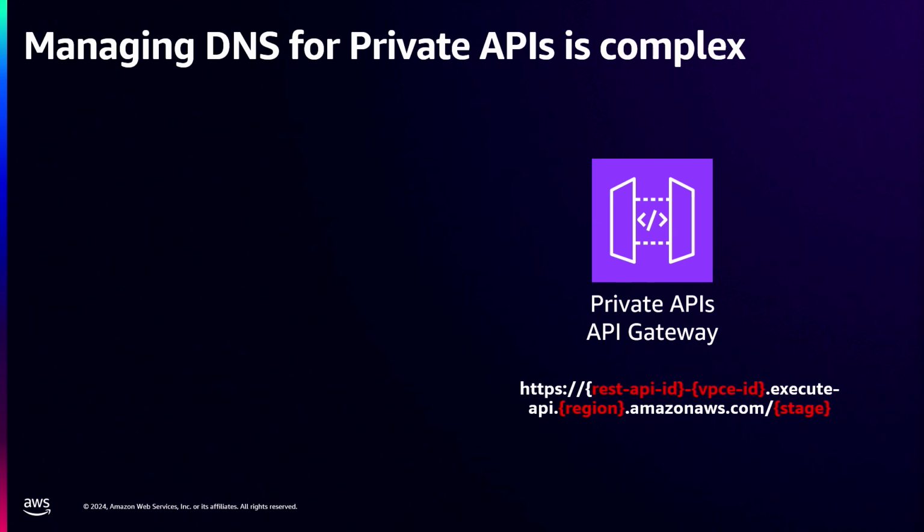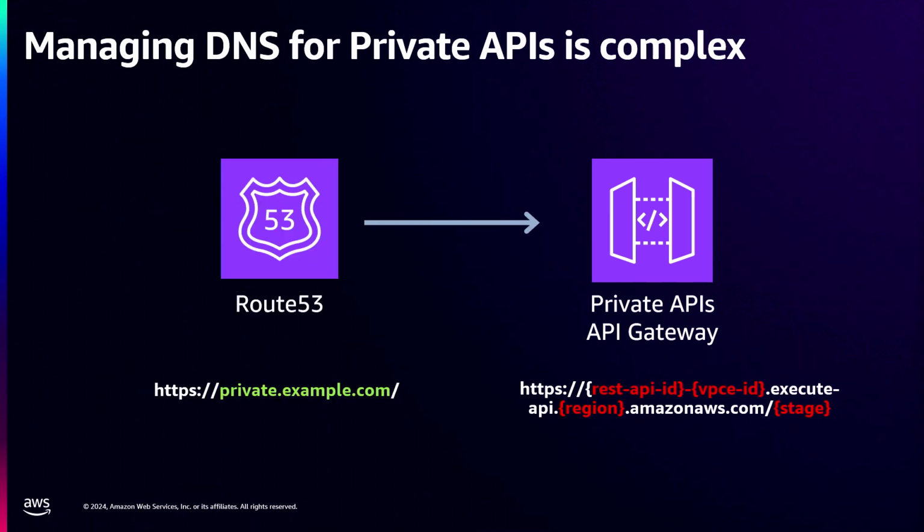Embedded in an API Gateway endpoint is a lot of information. You have an API ID, a VPC ID, a region name, an API stage name, etc. What customers want is something simple and easy to remember, something like myexample.com. And they want to be able to share this with their customers and have it be quick and easy to discover.